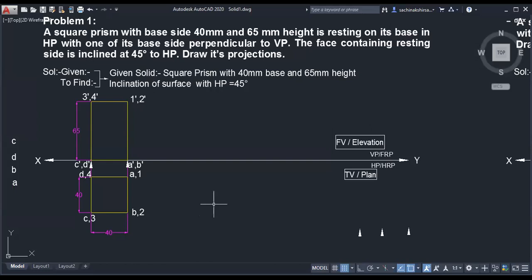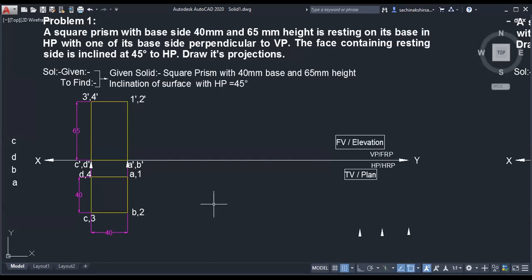Up to this, have you completed? Yes, sir. Have you shown the height? How much height is given? 65 mm. Now for this prism, how many flat surfaces are there?